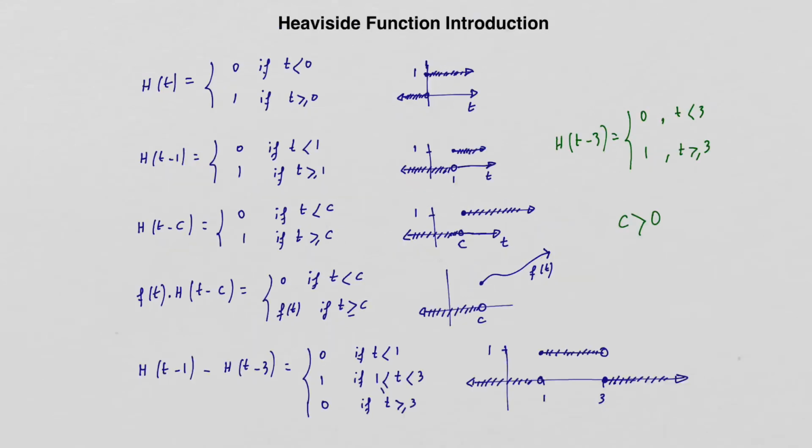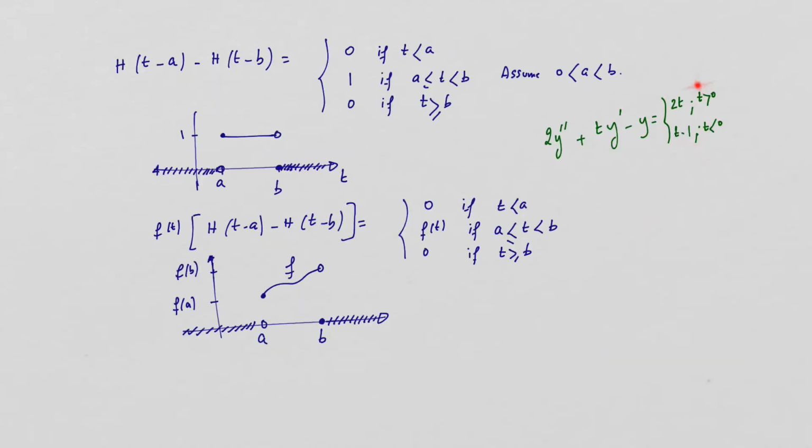This is what you need to focus on. How do you write this like this? That's what's going to help us. Because if I can write this one like this, then when I apply Laplace on both sides, it's easy to apply Laplace on this side, as you will see, okay?